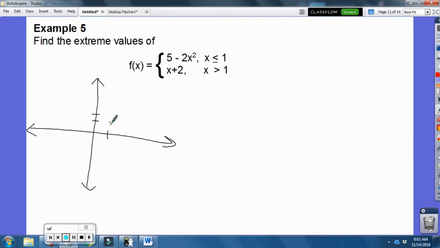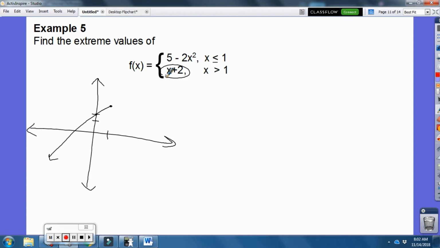So it's going to look something like this. Going to be a graph like that. It's going to be linear. Sorry, that's not perfect, but it's going to be linear with a positive slope and a y-intercept of 2. That's x equals 2 right there.